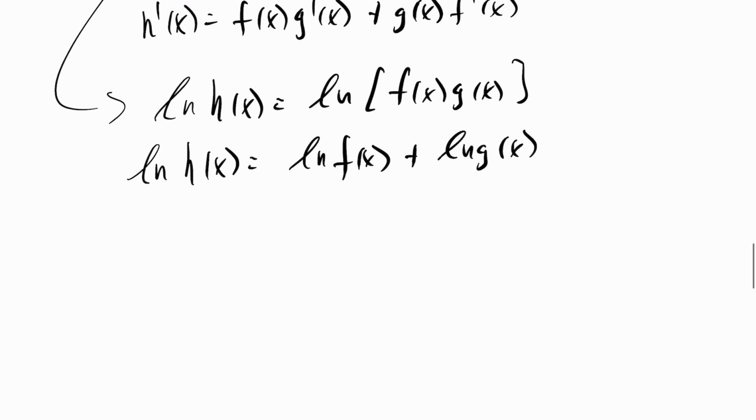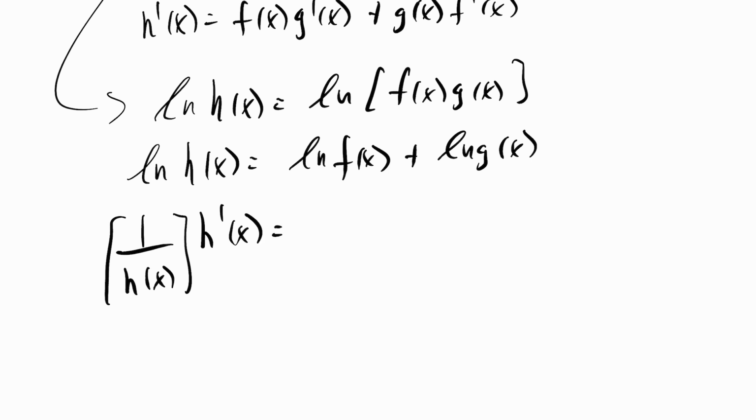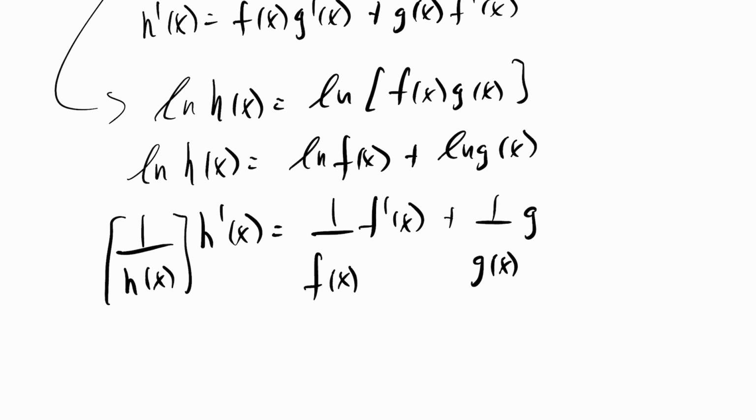Now if I take my derivative, this is going to be 1 over h at x, just like we've been doing in the examples, times h prime at x is going to equal 1 over f at x times f prime at x plus 1 over g at x times g prime at x.